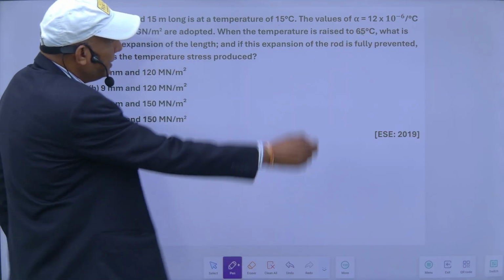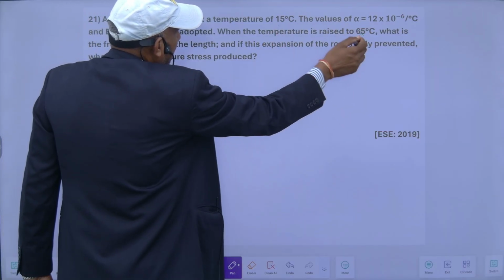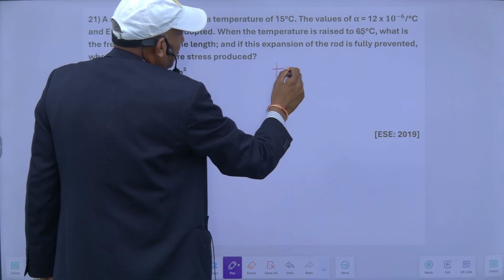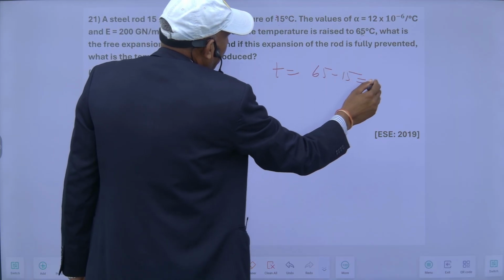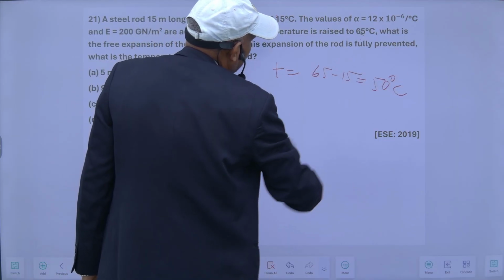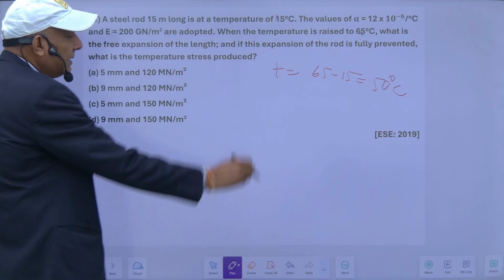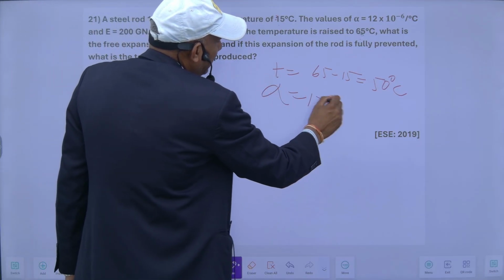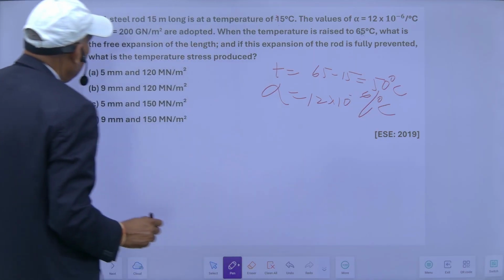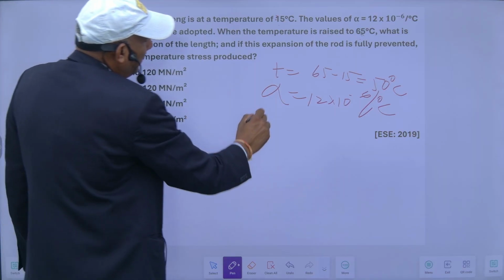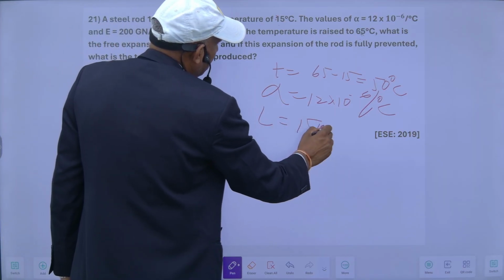So change in temperature T is equal to 65 minus 15, so it will be 50 degree centigrade. This is the T. Alpha is 12 into 10 raised to the power minus 6 and length is 15 meter.